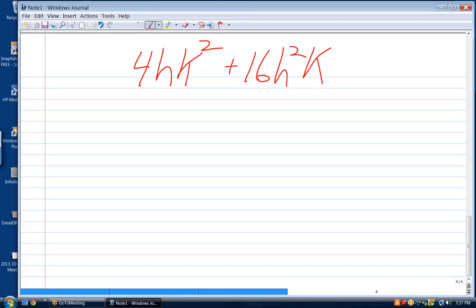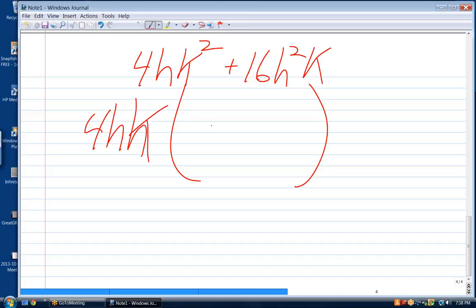Now these are all problems that have a greatest common factor, so I suspect you can do all of these. What's the greatest common factor? 4hk. What's left over? K. Whoops. Sorry about that. K plus 4h. Exactly.